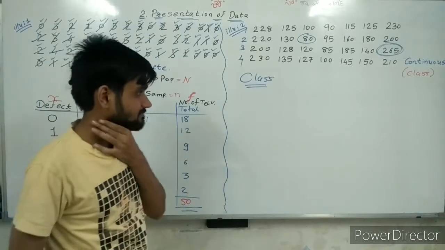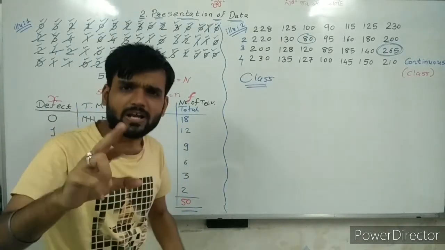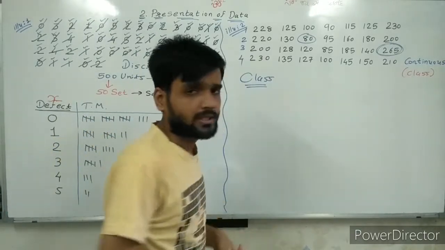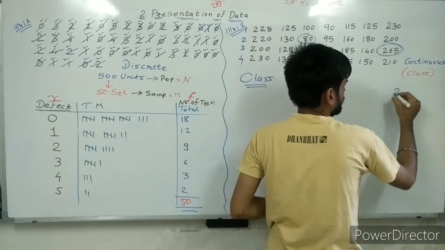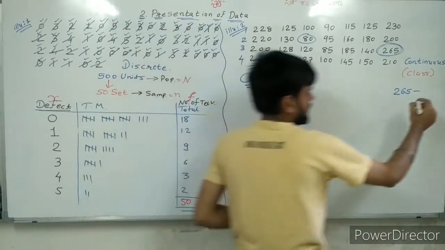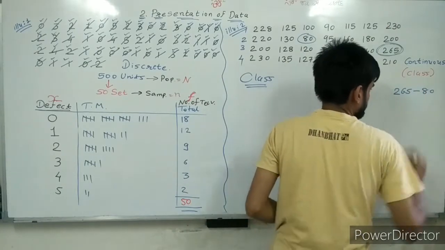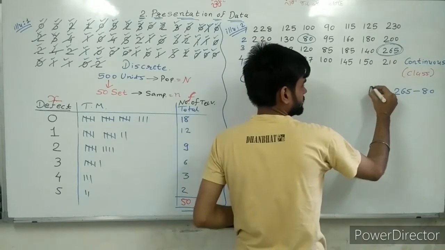Now, suppose in this sum we are finding range. Now what is range? Higher value 265 minus lower value 80. So it is called range.